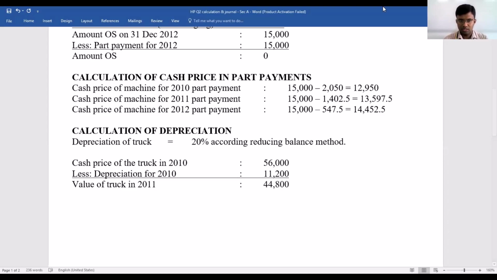Now we have to calculate the depreciation for 2011. We will be taking 20% of the outstanding amount, which in this case is 44,800, and that will work out to be 8,960.